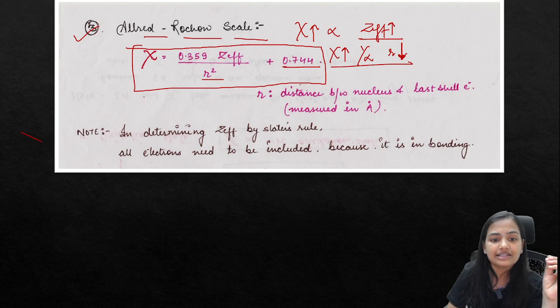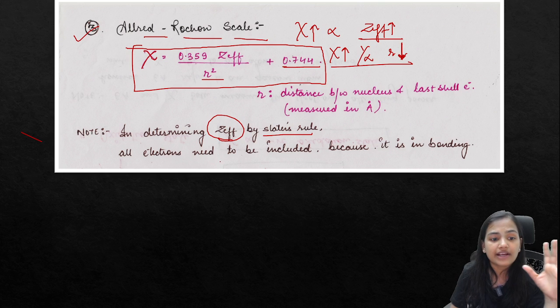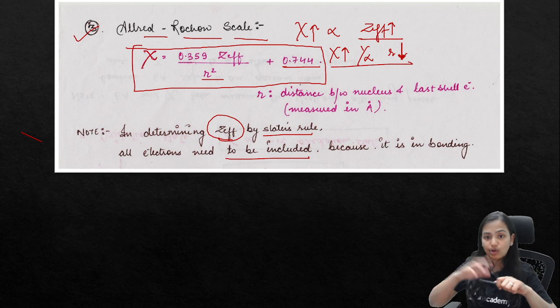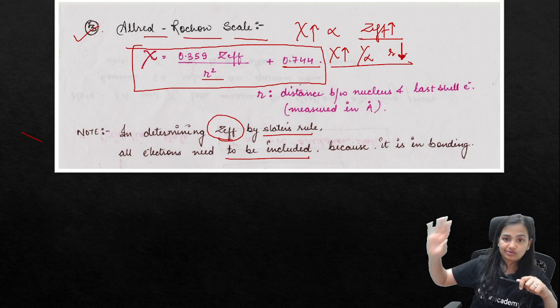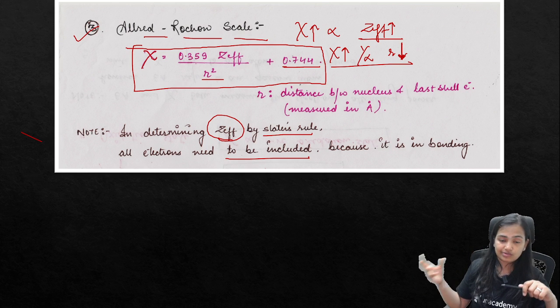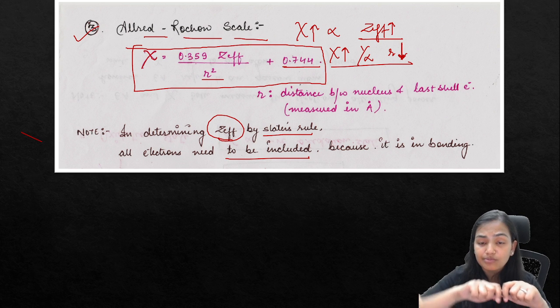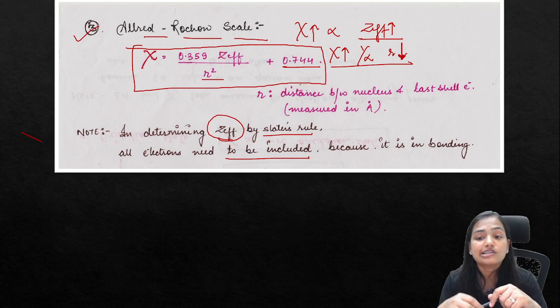By determining the Z effective by Slater's rule, we need to find out all the electrons which need to be included, because it is a matter of bonding. We can't leave out the last electron while determining the Z effective from Slater's rule. We have to include all the electrons because we are talking about the bonded pair of electrons.